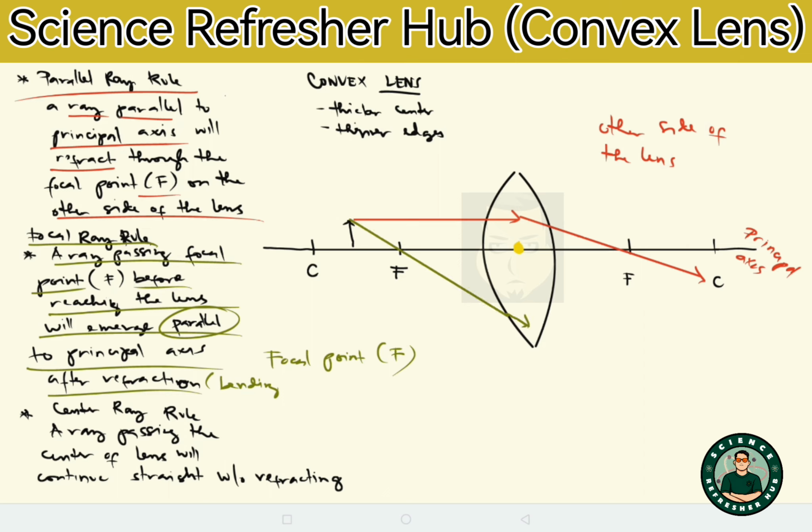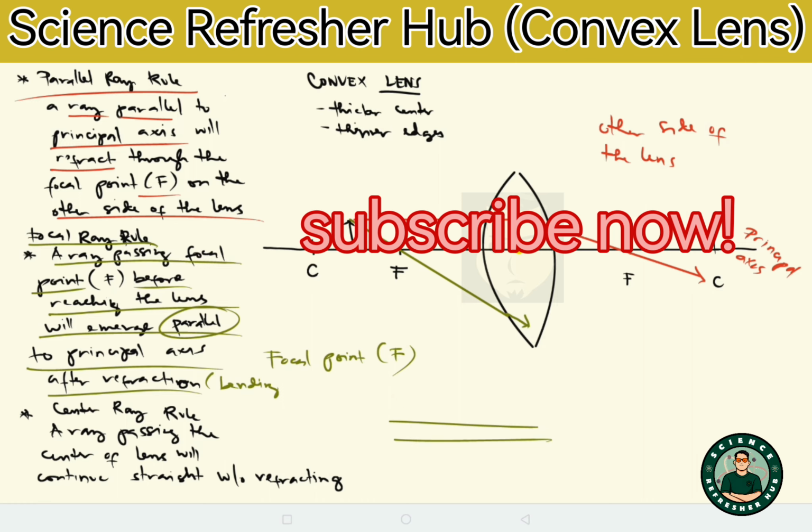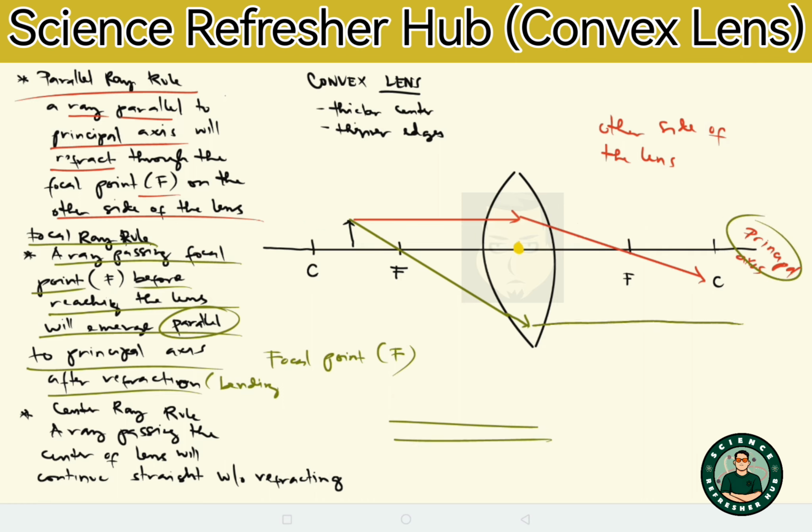Let's continue it a little. It will emerge parallel, lines that never meet. So we can have it this way, parallel to our principal axis, just like that. Okay, that's our focal ray rule.